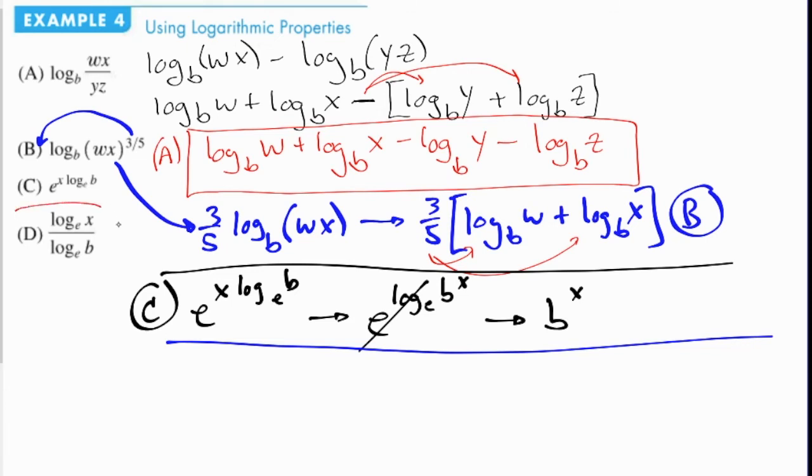So example D requires a little bit of clever algebra. We see that we have a log with a base e and an argument of x in the numerator, and a log with a base e and an argument of b in the denominator.